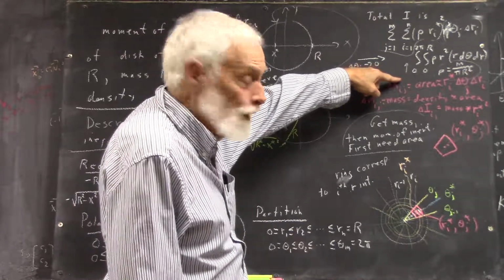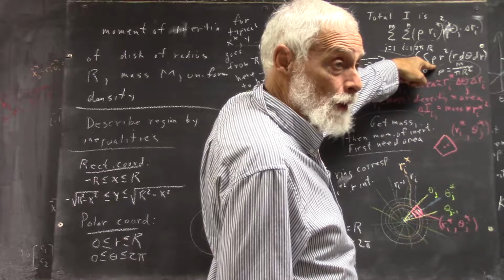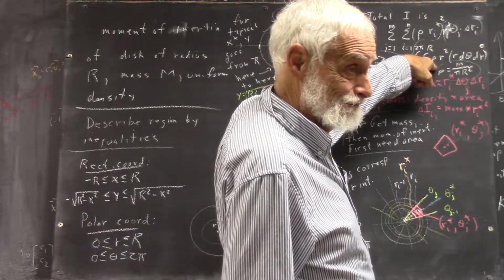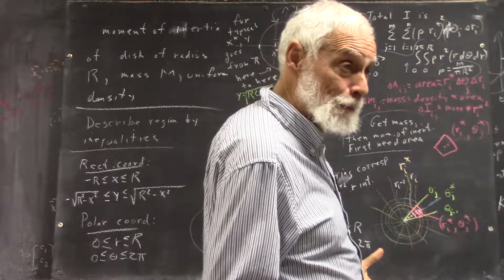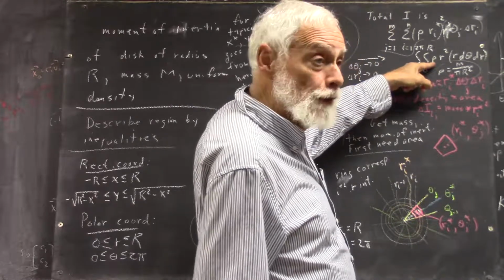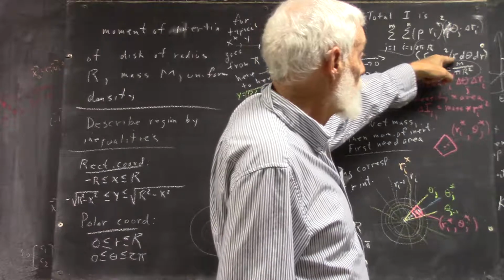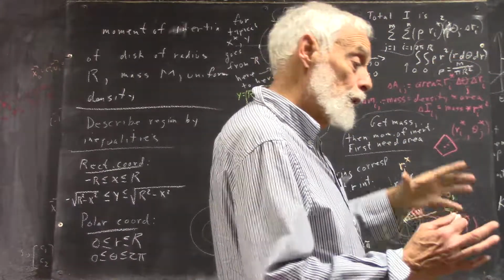Okay, so you get the idea? Now I leave the rho in here because rho isn't always constant for every object. You have varying densities, and if we had a varying density function, it would vary with r and or with theta, generally with r.